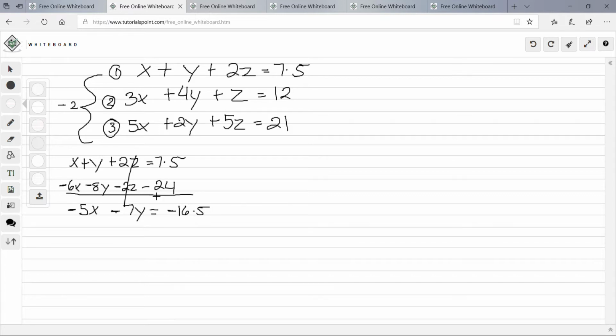Right, 7.5 minus 24 is -16.5. Okay, so this is our new equation. We can label this equation with letters, A. Now let's get rid of another z, so how would I do that?